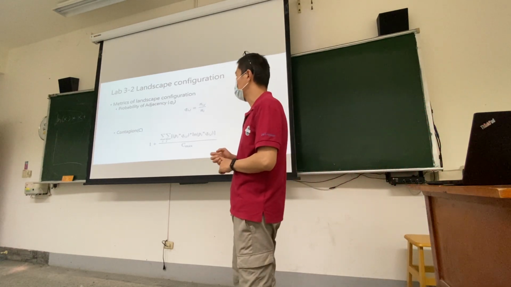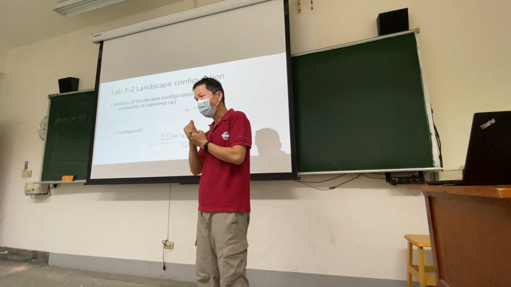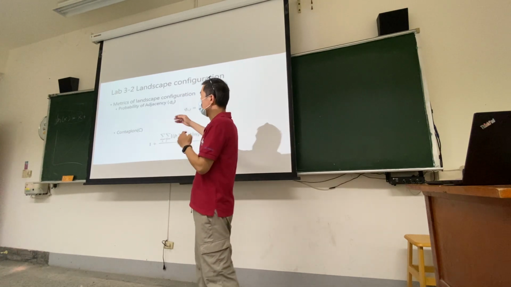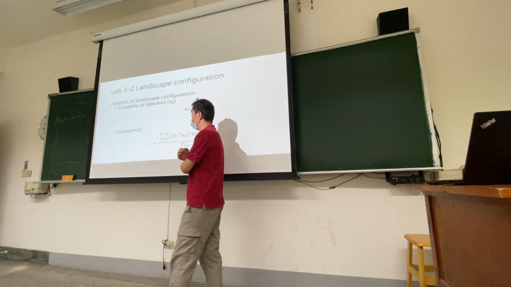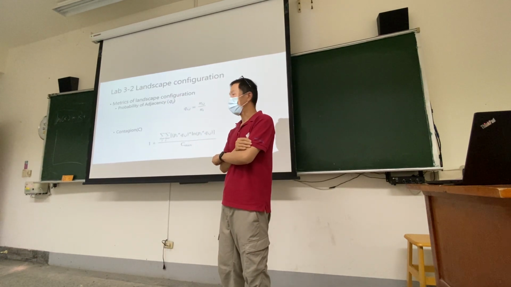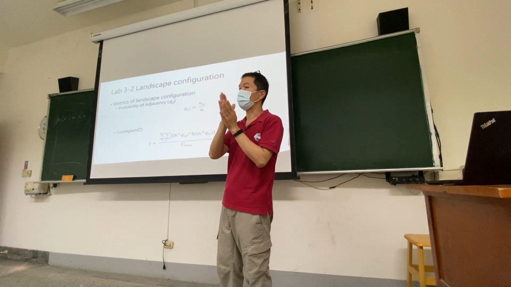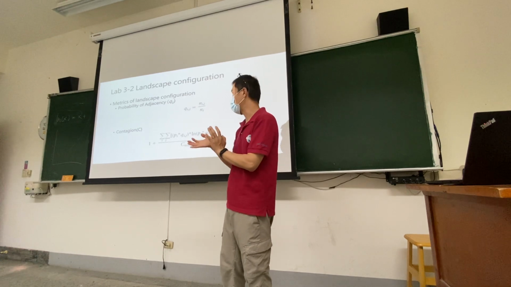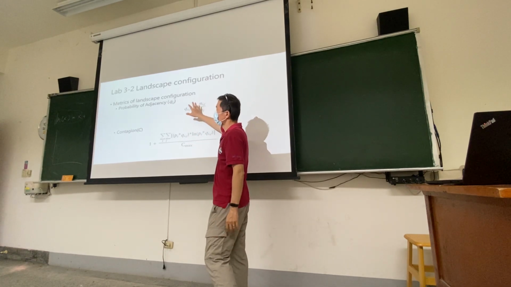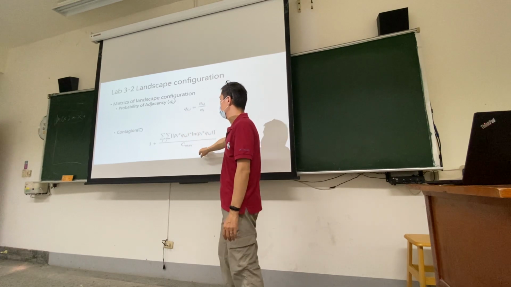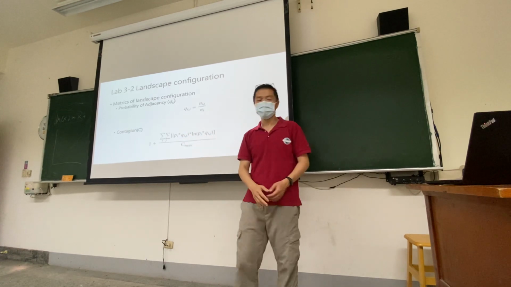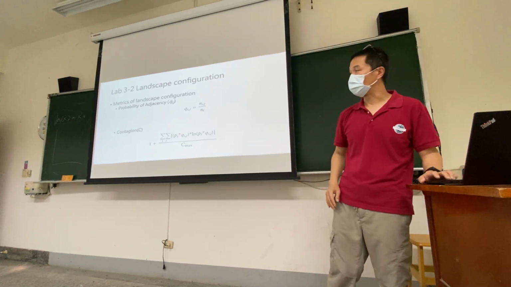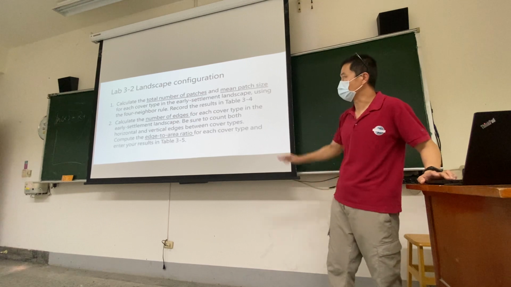They can be connected to themselves, to the other 2 types, and vice versa. Using that, we will calculate the probability of adjacency. That means for each individual cover type, what's the likelihood they are connected to different types? And using that, we can calculate the contagion later using the so-called Q matrix. I'll explain this in more detail. So this is the first part.